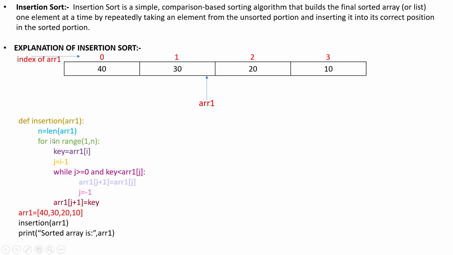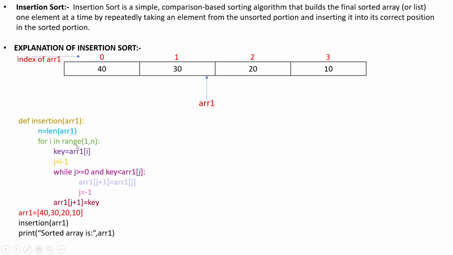For i in range(1, n). Now i starts from the first position, which means i points to my first index, and it ends at the n index. n is my variable which is holding 4, as it consists of the length of the array.